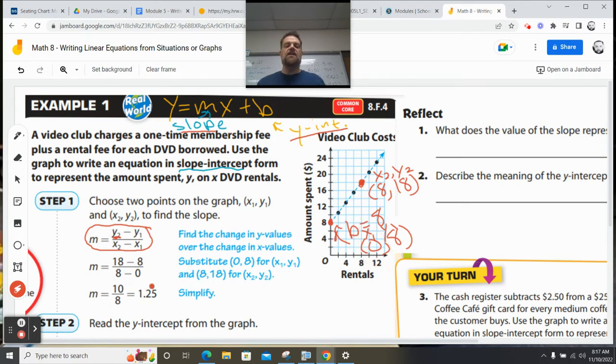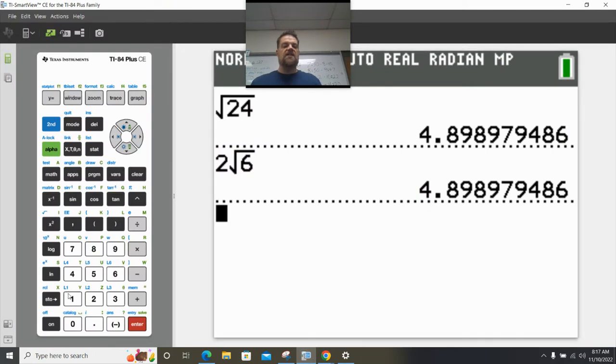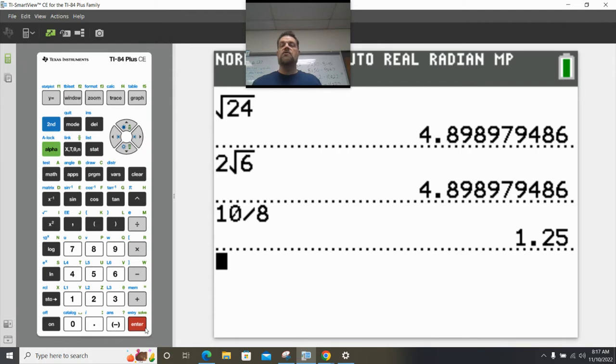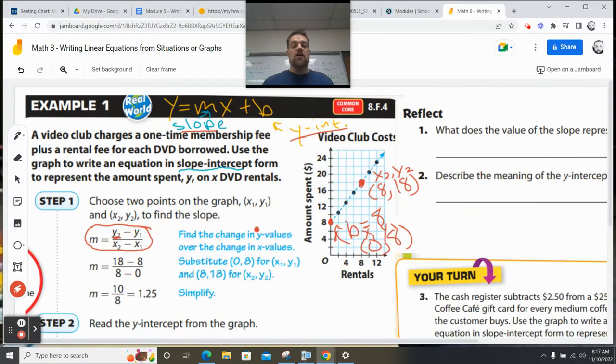What's 18 minus 8? 10. What's 8 minus 0? 8. And I know you guys know how to do this, but if I take 10 and divide it by 8, I get 1.25. So that's where that comes from. Okay, so they got 1.25.